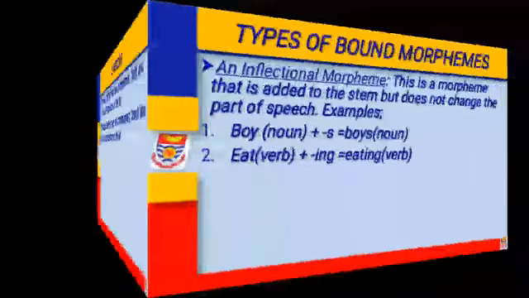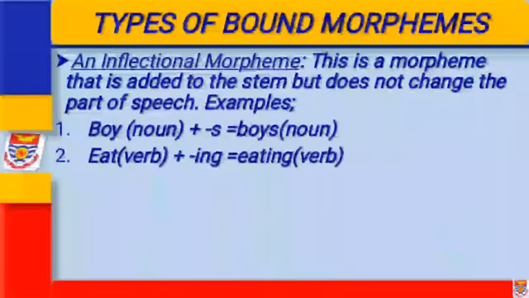Let's talk about the types of bound morphemes. We have one, an inflectional morpheme. This is a morpheme that is added to the stem but does not change the part of speech.